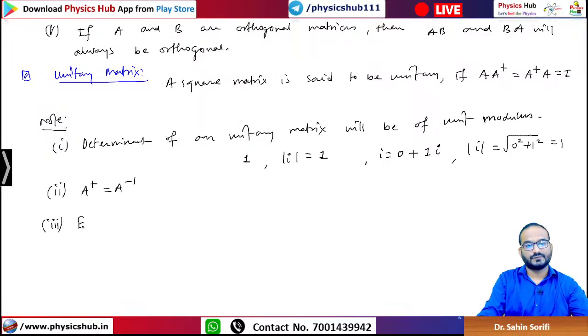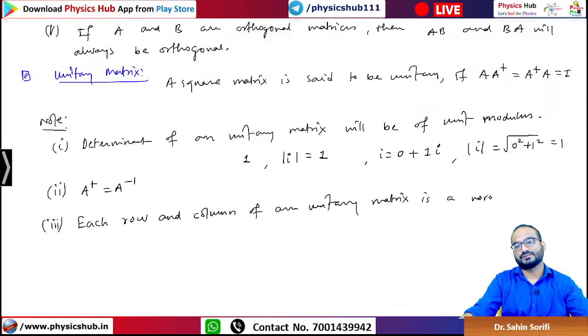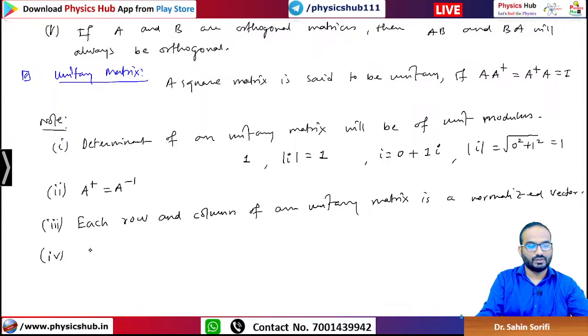Third, each row and column of a unitary matrix is a normalized vector. Same as before, I have already shown you the normalized vector, not saying it now.